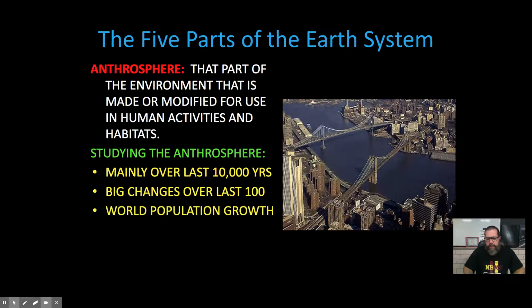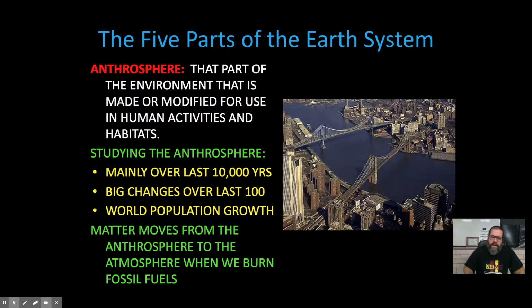World population is also something that we track that coincides with anthrospheric activity. Obviously, as population grows, so does the anthrosphere. And matter moves from the anthrosphere to the atmosphere when we burn fossil fuels in our power plants, and our factories, and even as we move around in our vehicles. Okay.